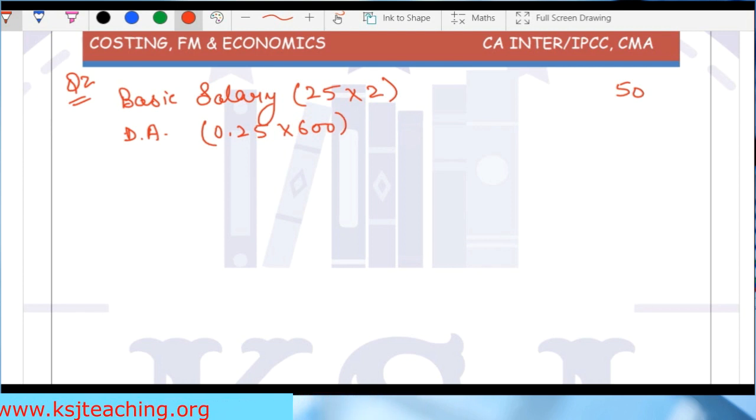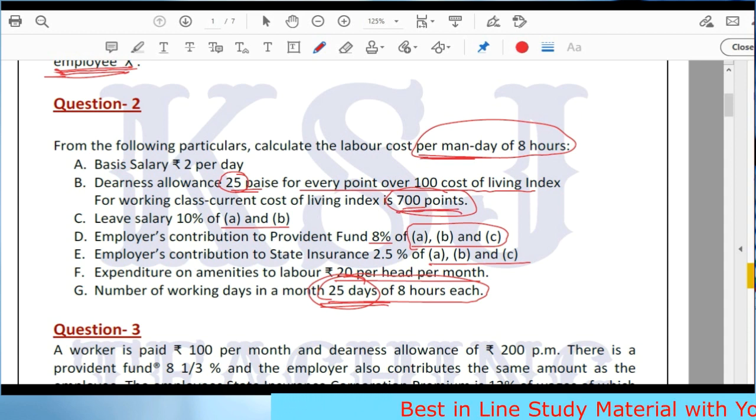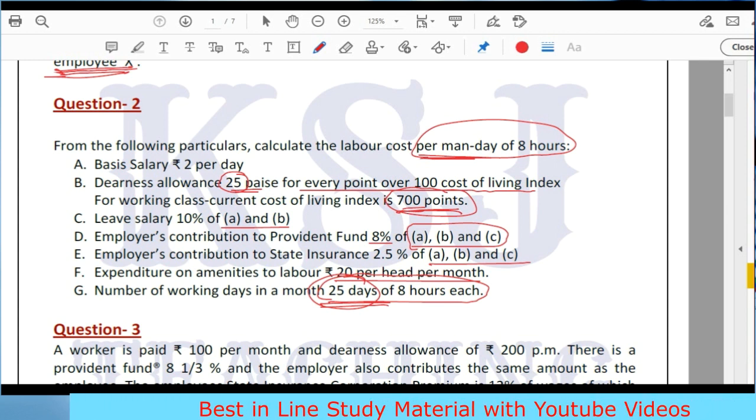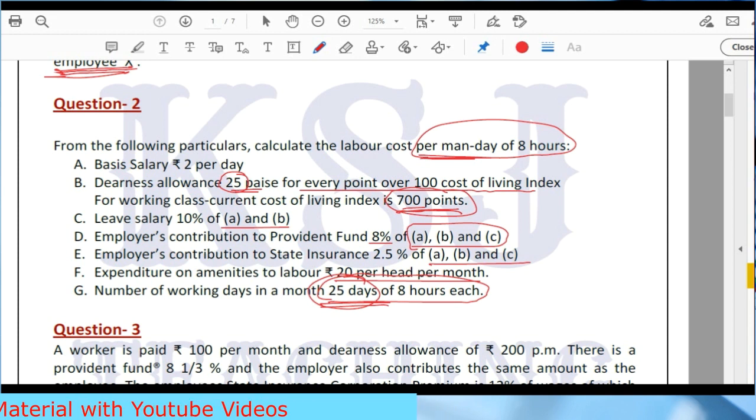How is it 600? He says for every point over 100 cost of living. Above 100, up till 700, we have 600 points. Up till 100, no DA allowance. Above 100, for every point you are paying 0.25.